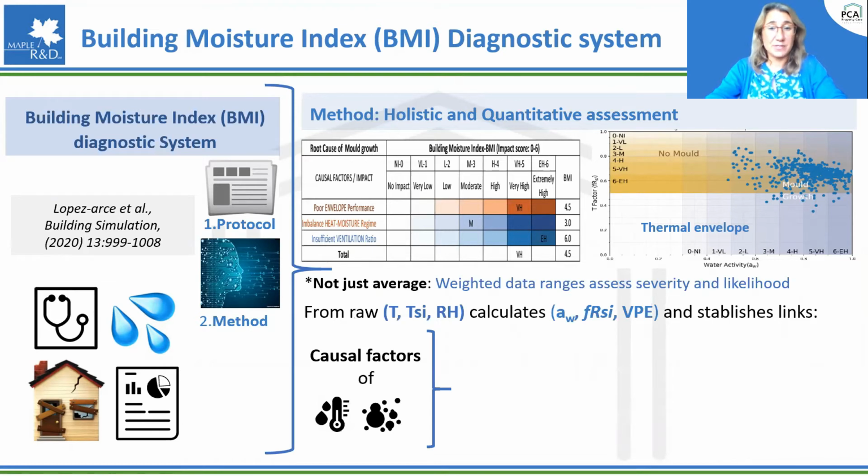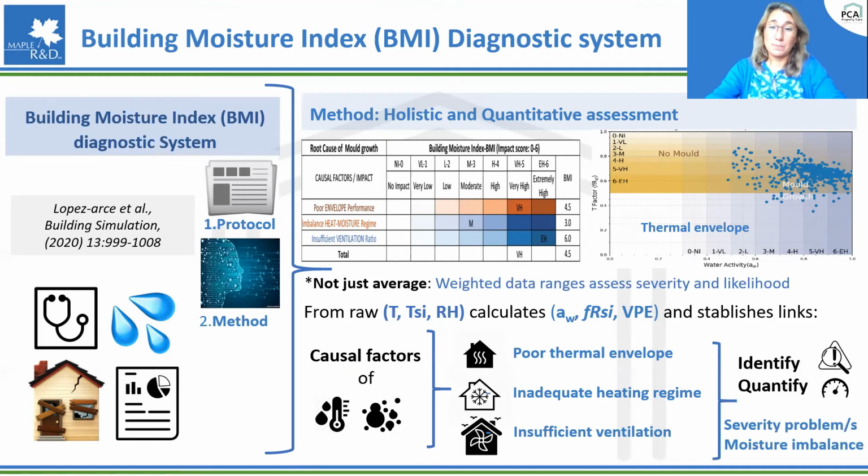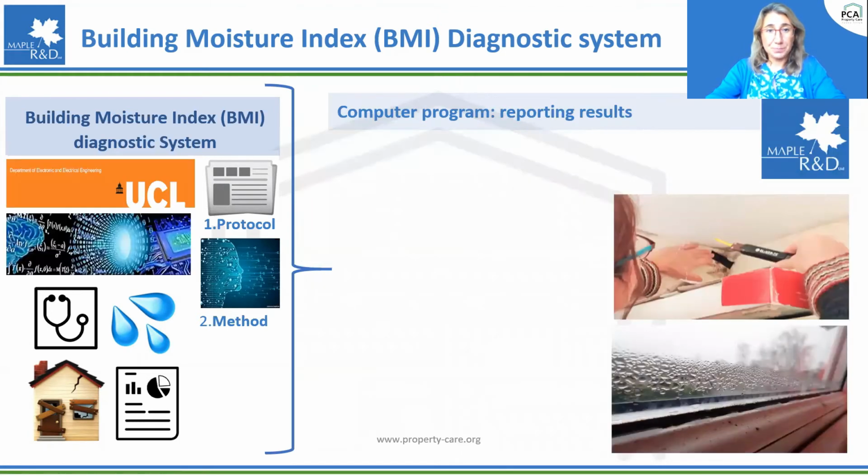From raw parameters gathered by the sensors, temperature, surface temperature, and RH, the method calculates other environmental parameters like water activity, temperature factor, and vapor pressure excess, and then it establishes links that determine the causal factors leading to condensation and mold. That could be poor thermal envelope performance on the measured area, inadequate heating regime, or insufficient ventilation. And then the method identifies and quantifies the severity of the problem leading to moisture imbalance.